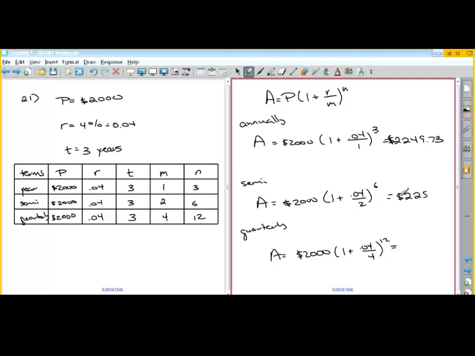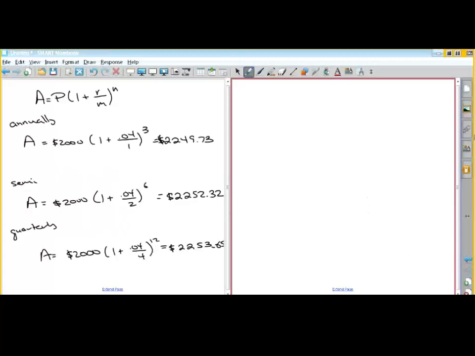Should be a little bit bigger. $2,252.32. And the final one is 1 plus 0.04 divided by 4 quarterly. That's 1.01 raised to the 12th power times 2,000. And again, it should be slightly bigger. $2,253.65. So you can see we get more as we compound more frequently.